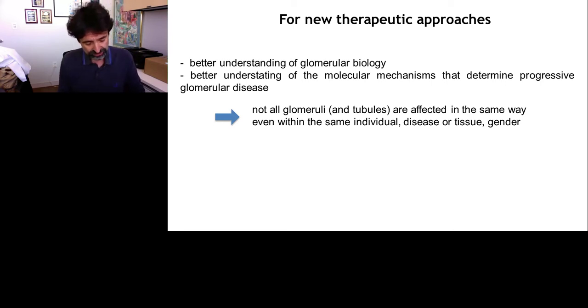It's also important to keep in mind that not all glomeruli and tubules are affected in the same way at the same time, even in the same individual, disease or tissue or gender. So there's really a variability across each nephron.